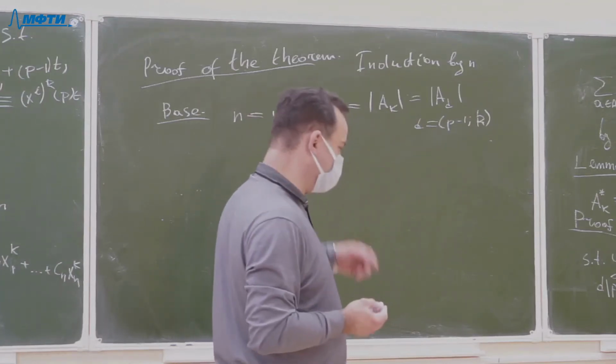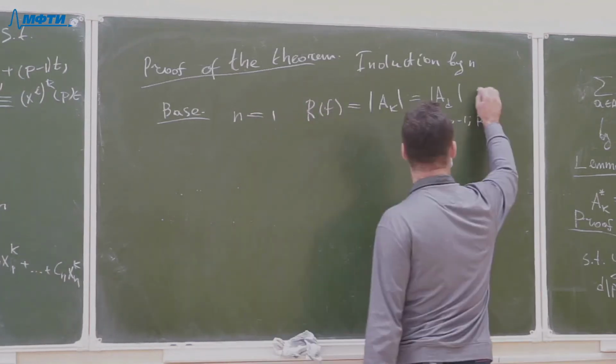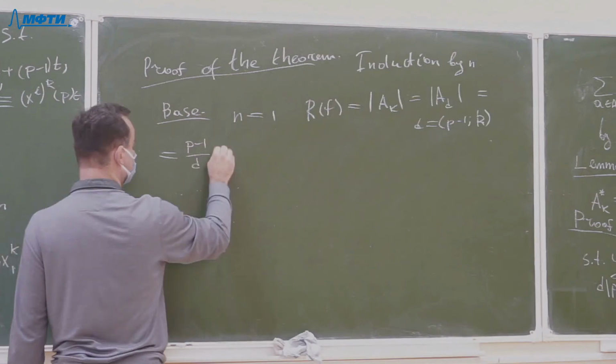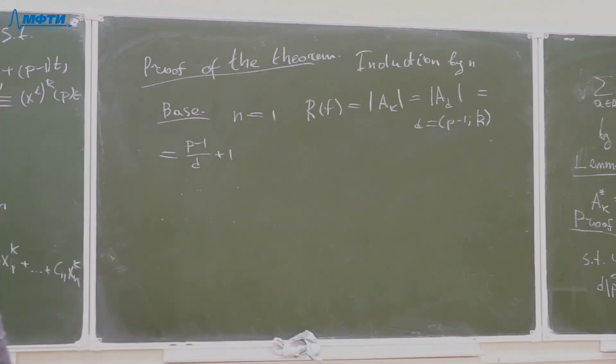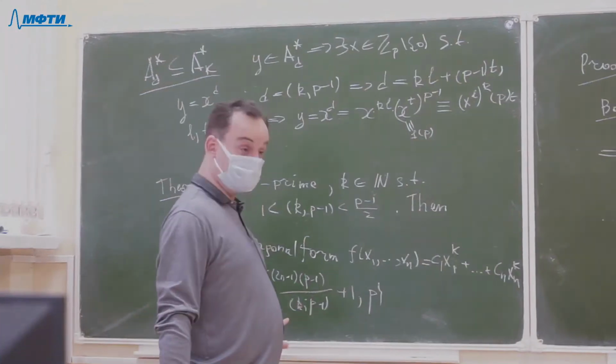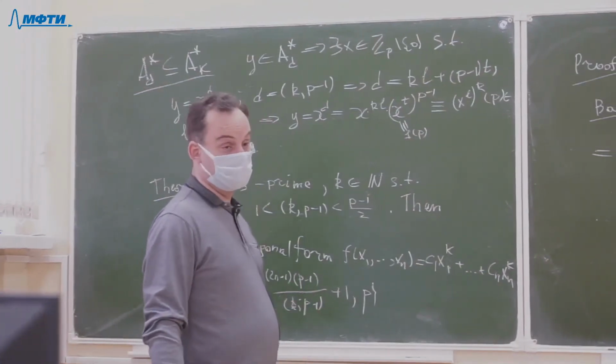Well, but the size of a_d is (p minus 1) over d plus 1, right? Substitute here n equals 1. It's (p minus 1) over GCD plus 1, right?